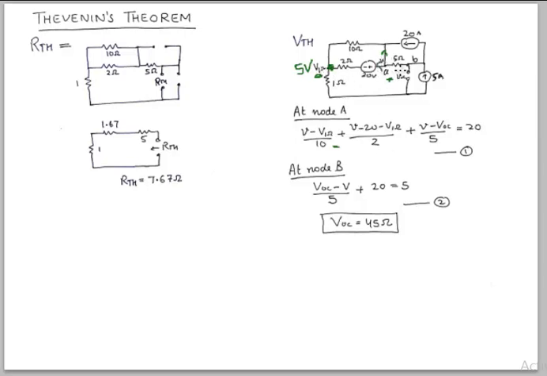So let this also be the outgoing current, and what I have here is V minus VOC, this is also outgoing, upon 5, of course, which is equivalent to 20, which is incoming. So at node A, 3 currents are moving outwards and 1 is moving inwards.